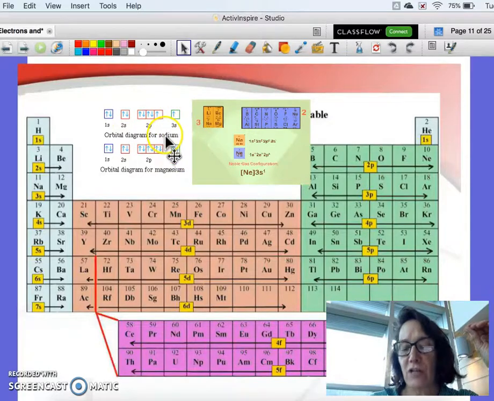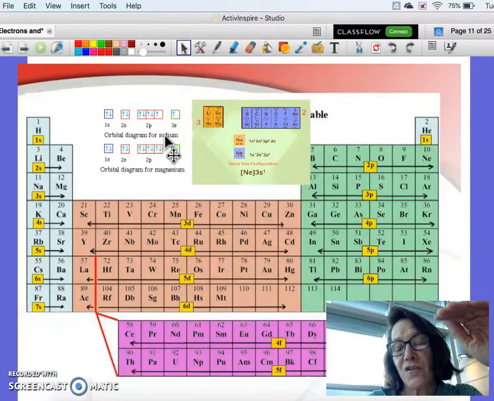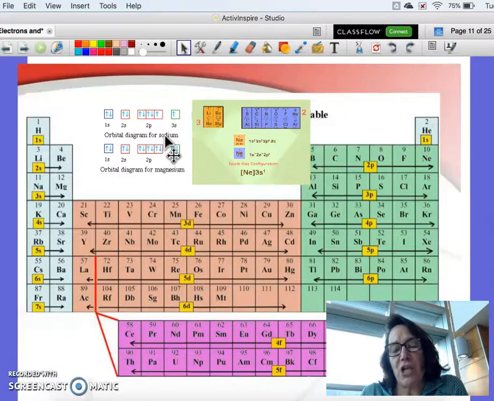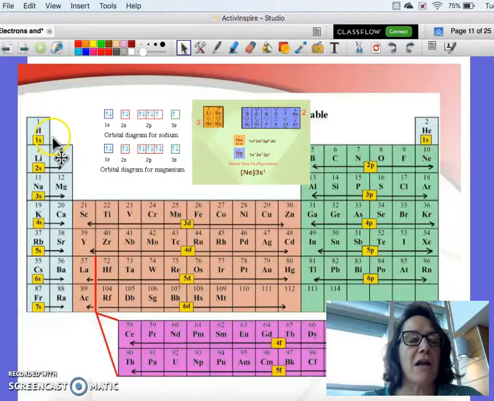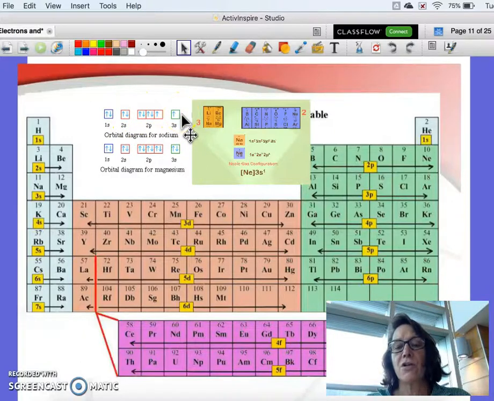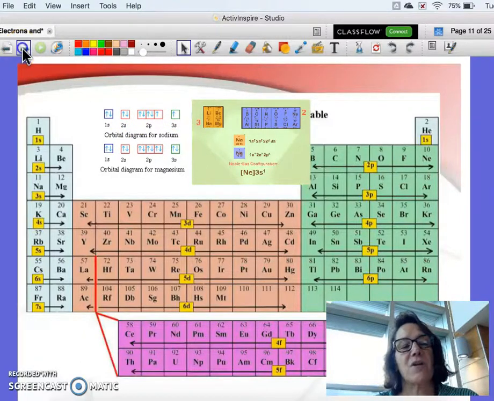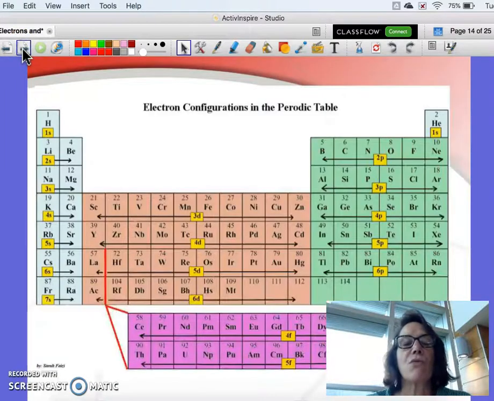It's showing where the electrons are in specific orbitals. Its electron configuration is that shorthand way of summarizing that. So I would say sodium is 1s2, 2s2, 2p6, 3s1, just like you can see in your slide presentation there. So give it a shot.